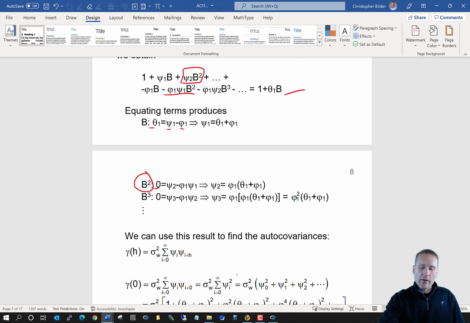So what I can do now is move this over to the other side. Actually, I kind of reversed it here in how I wrote it out. So we have the phi 1 times psi 1, which we had just found previously. For b cubed, we have a similar thing happening here. Psi 3 is equal to phi 1 squared times theta 1 plus phi 1. Notice the pattern that we're starting to see here with these terms.